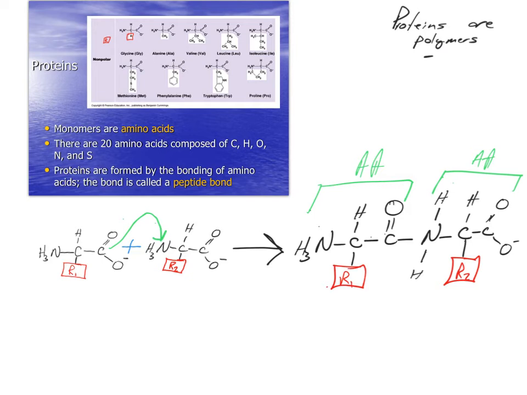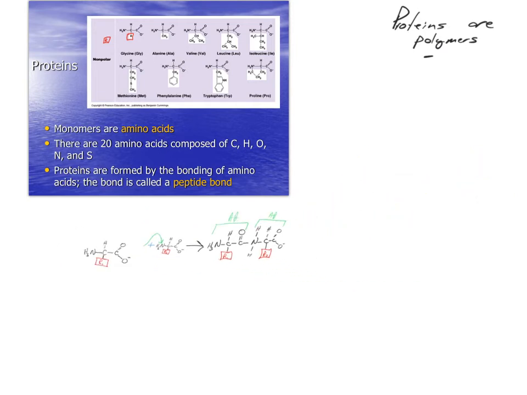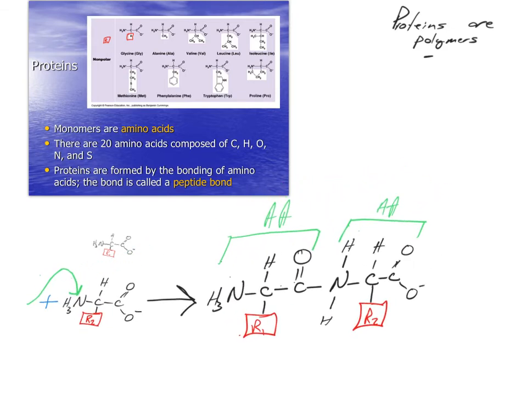And you can do this for a very long chain. You don't have to just do it for this. You can make a real long chain out of these. You don't have to stop with 2. You can make them out of hundreds of them. And you do that all the time. Look at your hair. Your hair is a real long chain.